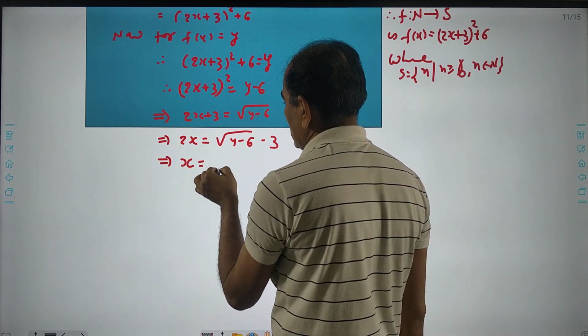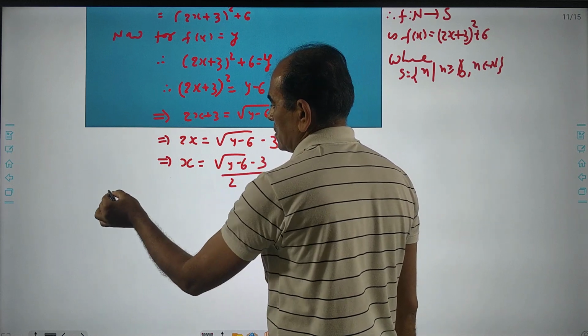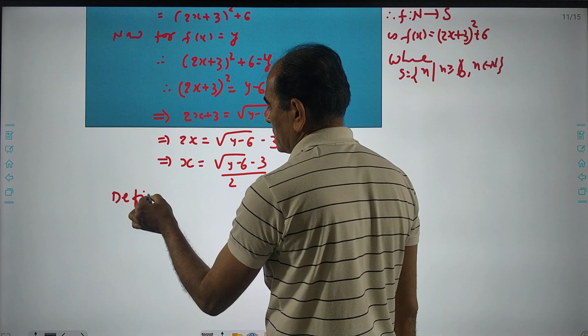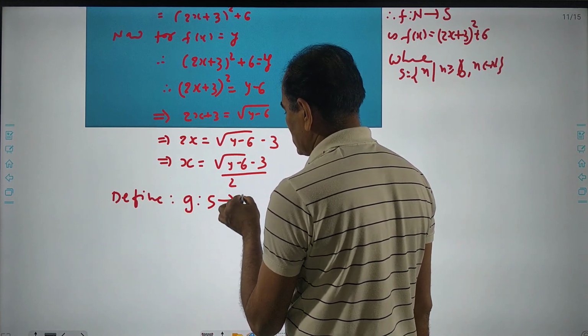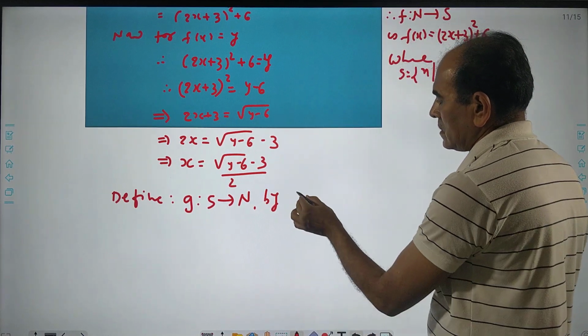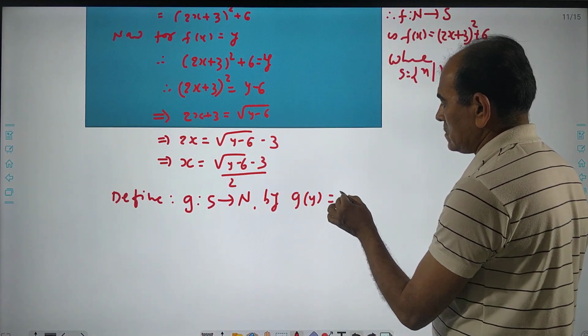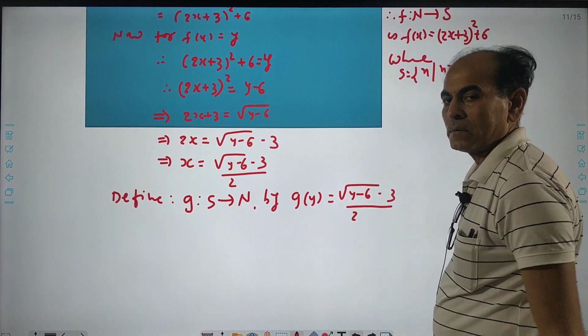This implies x is equal to (root of (y minus 6) minus 3) by 2. So define g. g from where to where? S to N by g(y) is equal to (root of (y minus 6) minus 3) by 2.